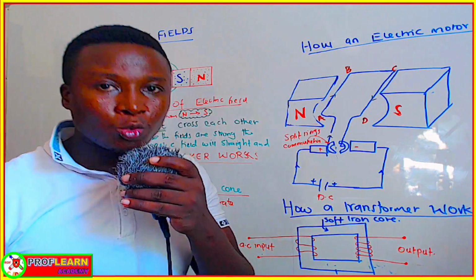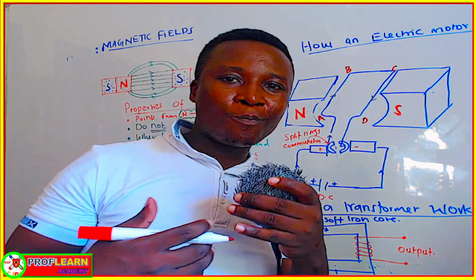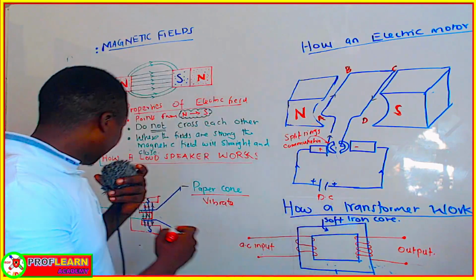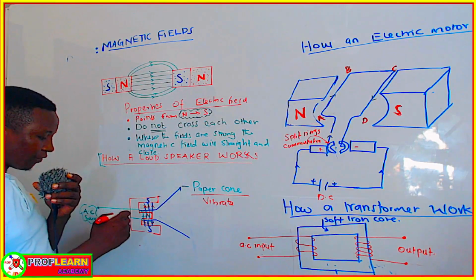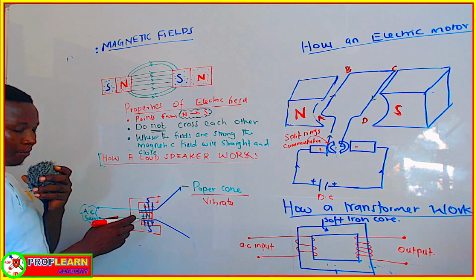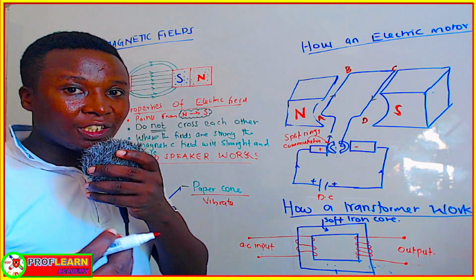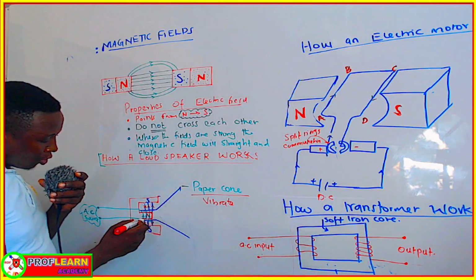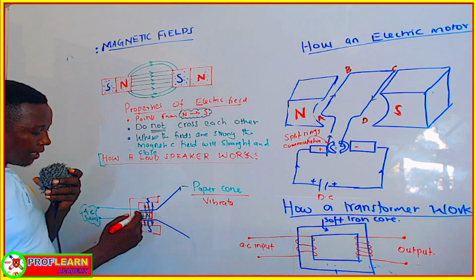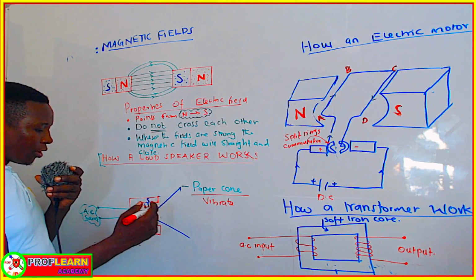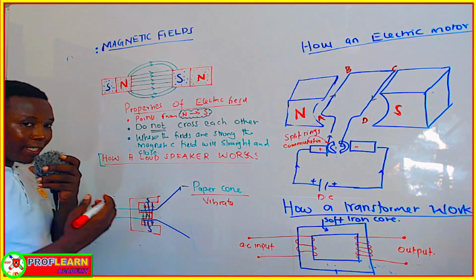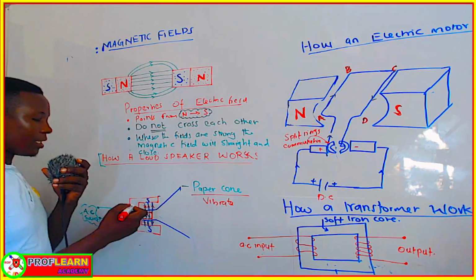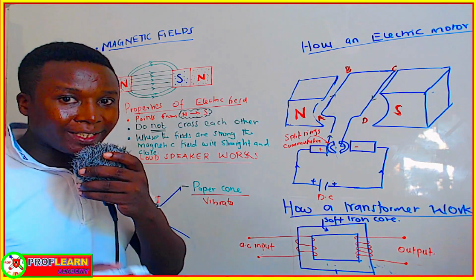So if you are asked to explain or describe how a loudspeaker works, the first thing you need to identify is that the alternating current flowing through this coil is going to create magnetic fields around that coil. Since the paper cone is attached to the coil, the coil is going to experience a force due to the interaction between the fields of the permanent magnet and the fields due to the flowing current.